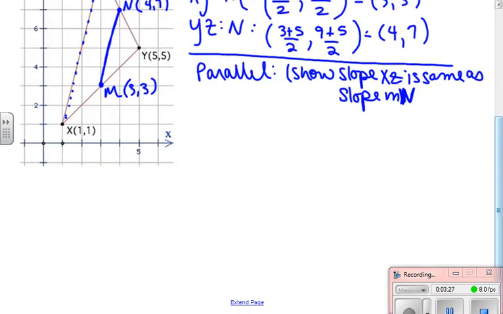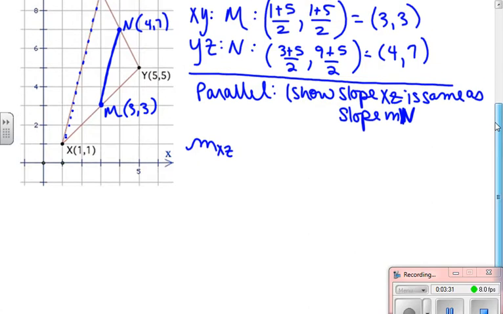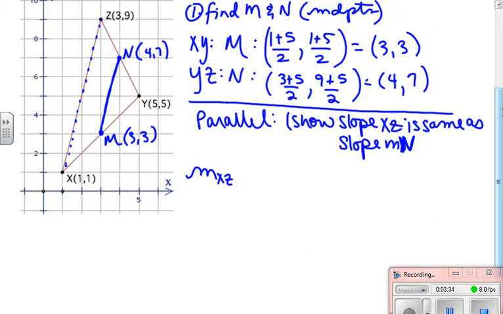So let's find the slope. The slope of XZ, and I tend to use subscript numbers just to keep my work clean. Remember, slopes, we're going to subtract our y's, 9 minus 1 over 3 minus 1. So I have 8 over 2, so my slope is 4. And if you want to do 4 over 1, that's fine.